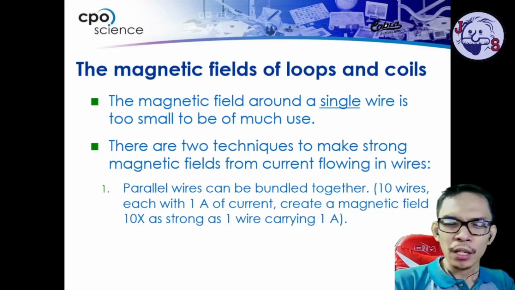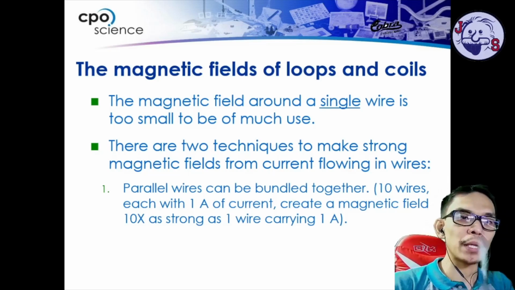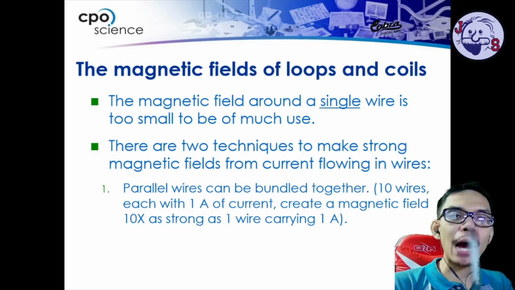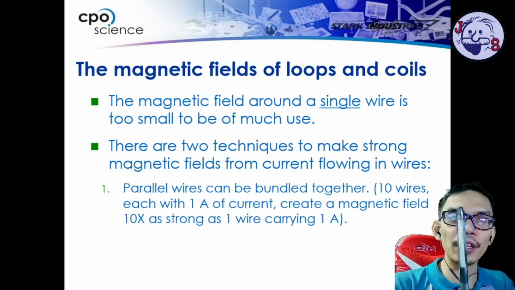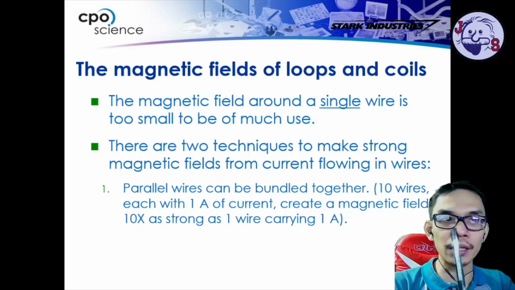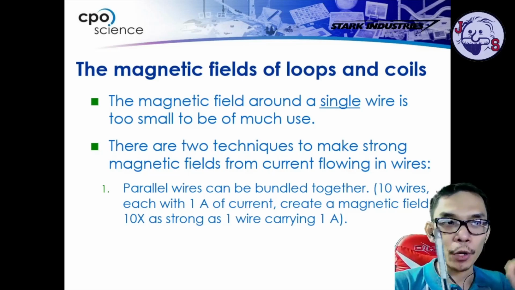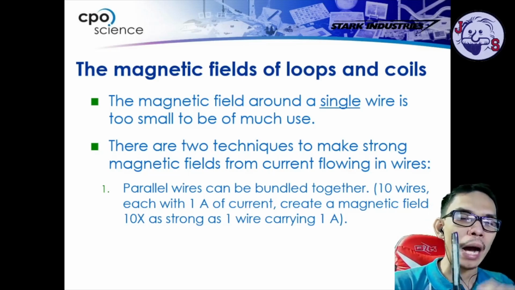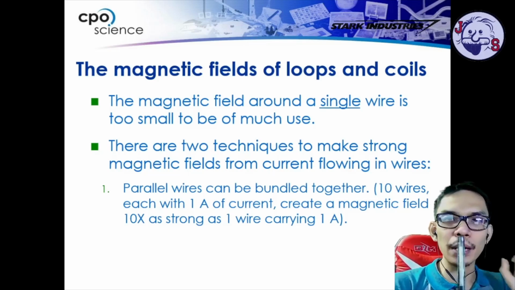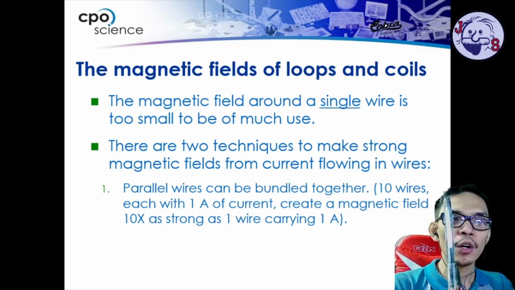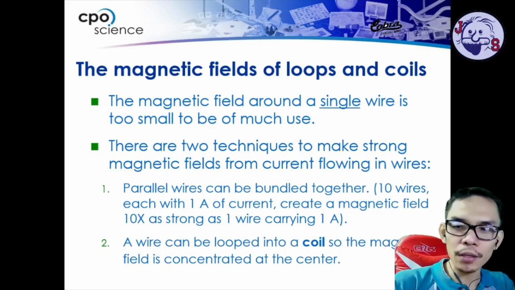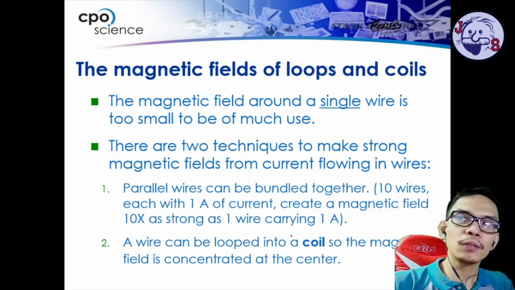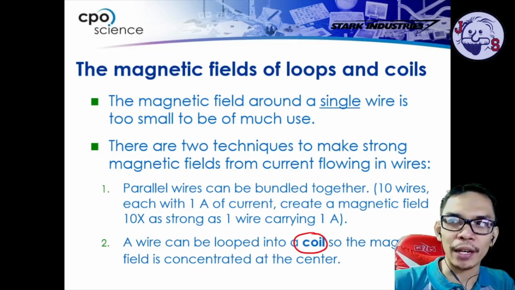But if you are going to use a single wire, how will you strengthen the magnetic field around that single wire without adding additional wire? You can pause this video to answer that question. The answer is the second technique called looping the wire, or making it into a coil.